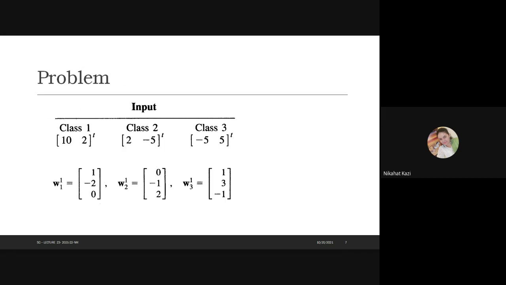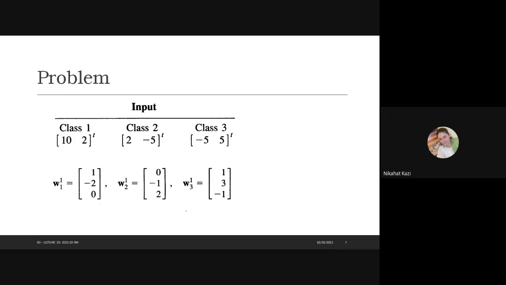So if you have n classes, you'll have n neurons. You have three classes, and these are three patterns. The first pattern belongs to class 1, the second pattern belongs to class 2, the third pattern belongs to class 3. And you have these weight vectors.